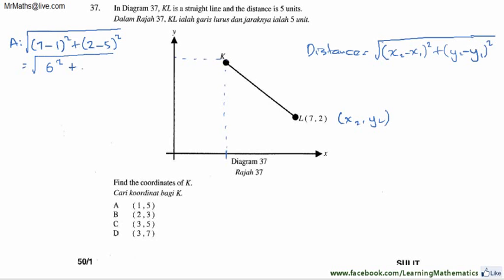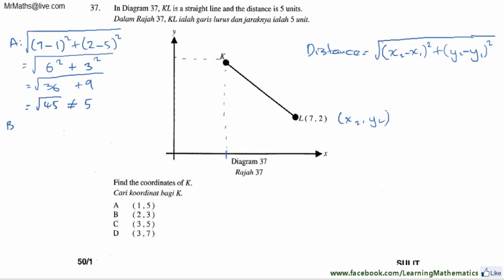So just put plus there is okay. Plus 3 squared. So that is 36 plus 9. Doesn't look like, because if you want to find the distance of 5, then the square must be 25. So this is more than 25, right? And we get rid of the square root, it's not needed anymore. So this is like 45, right? So this is not 25, right? This is not 5, right?